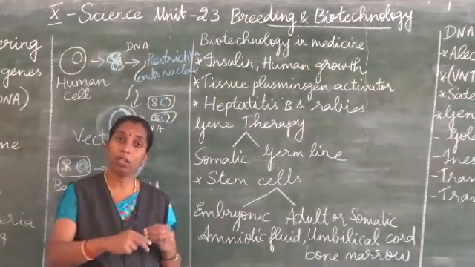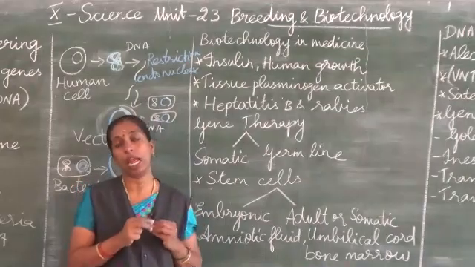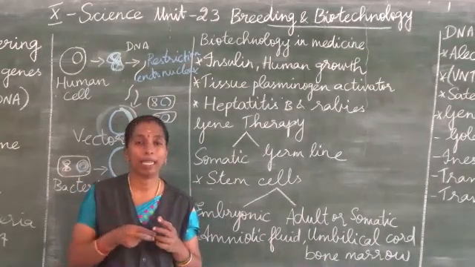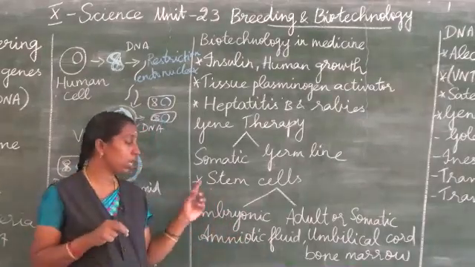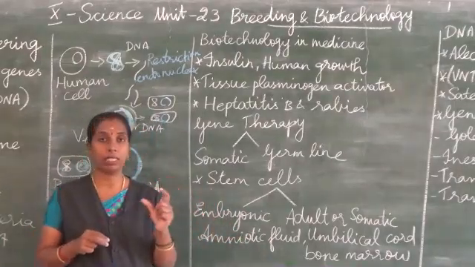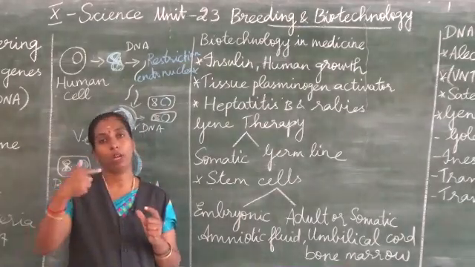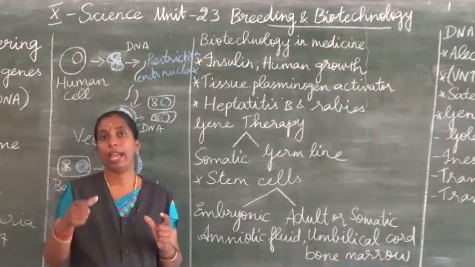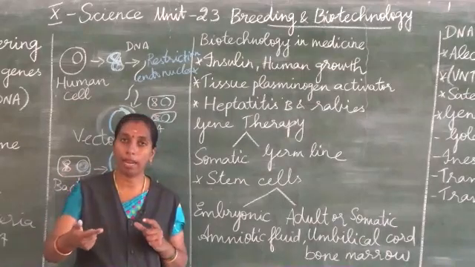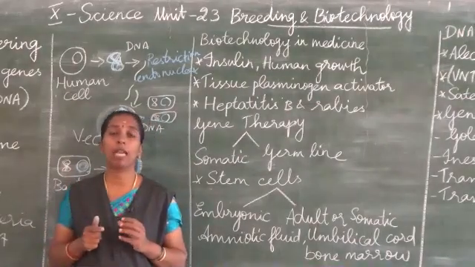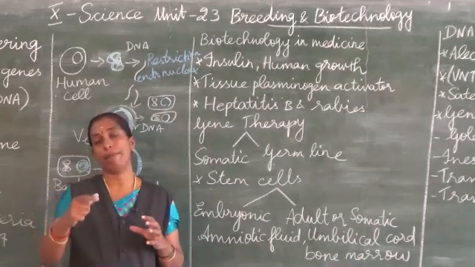So these stem cells have potency. Potency means they have the ability to keep on multiplying, and the second characteristic feature of stem cells is they have the ability to produce specialized types of cells.